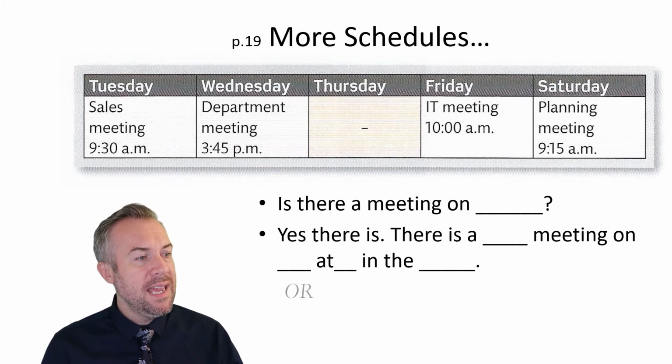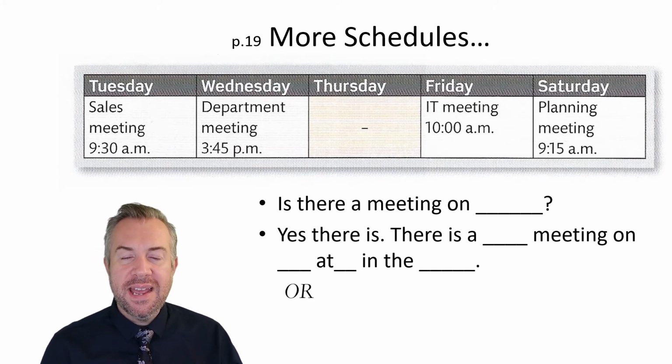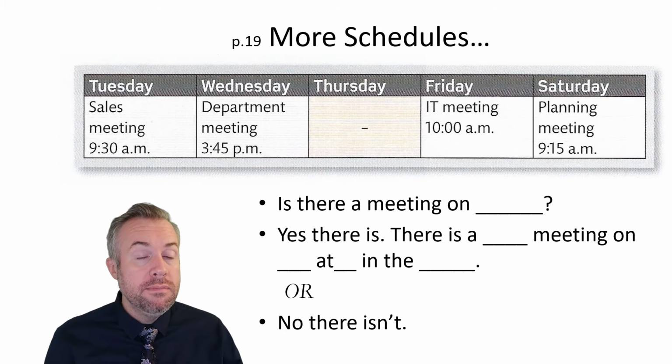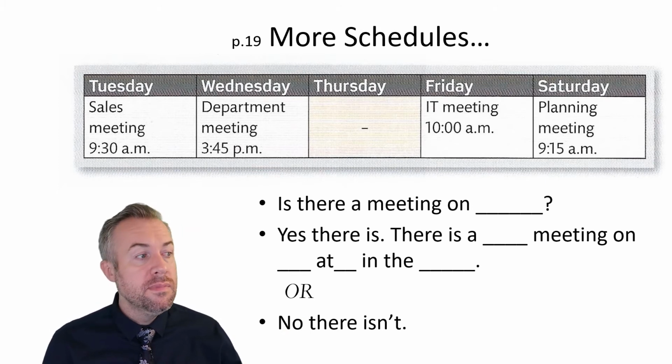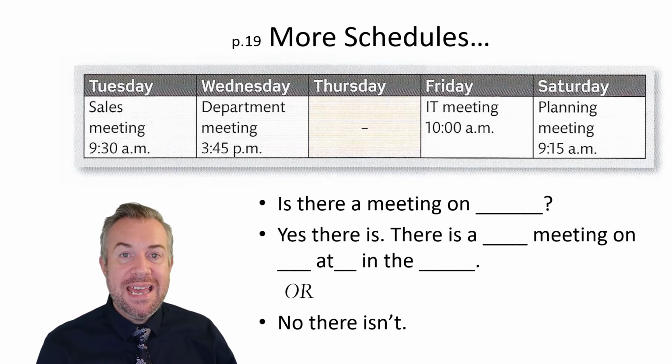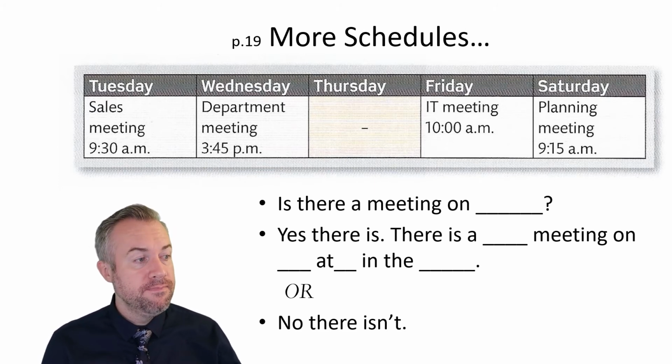Tuesday, Wednesday, Thursday, Friday, and Saturday. We will use the same structure. Is there a meeting on Tuesday? Yes, there is. There is a sales meeting on Tuesday at 9:30 in the morning.